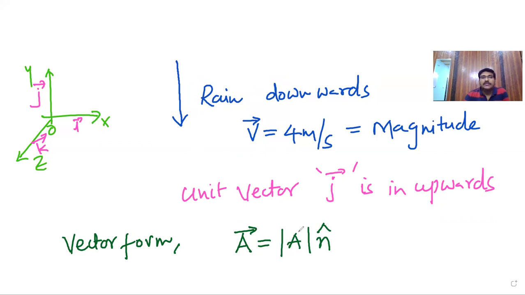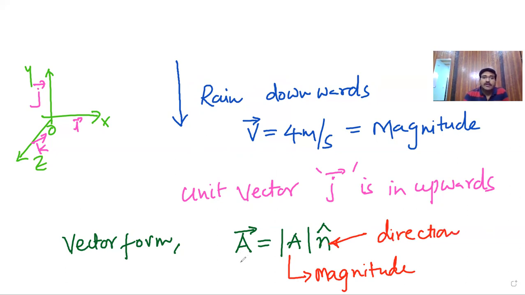Modulus of a bar represents magnitude and unit vector represents direction. Here I am clearly writing. This represents magnitude. This represents direction.